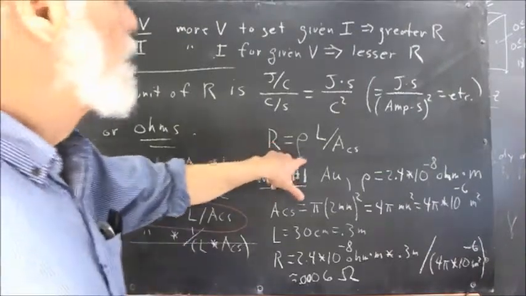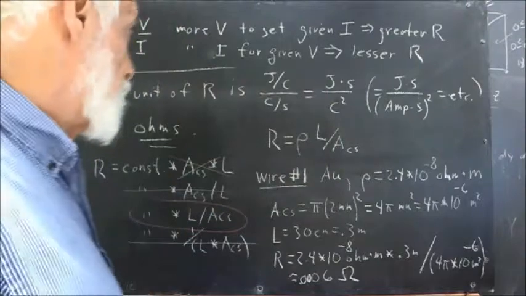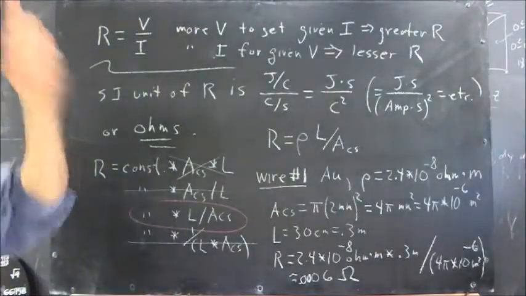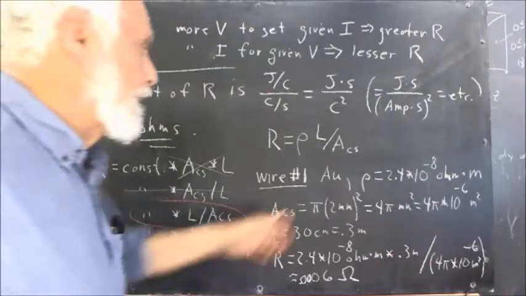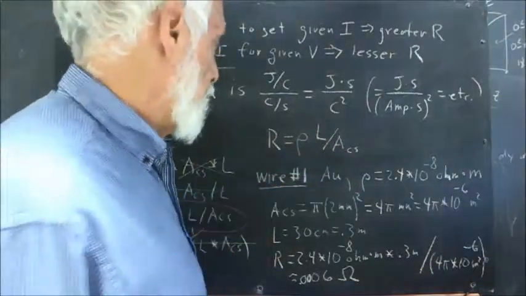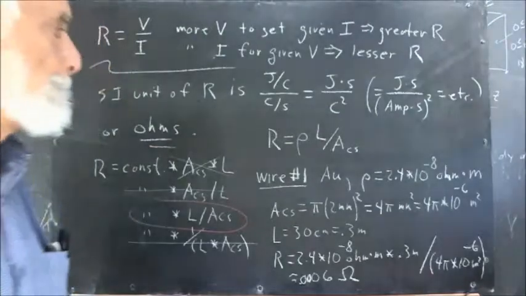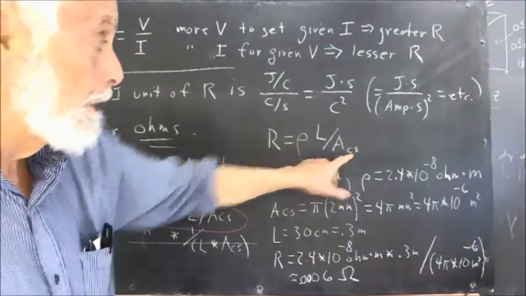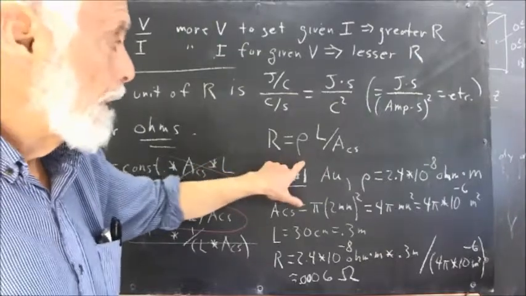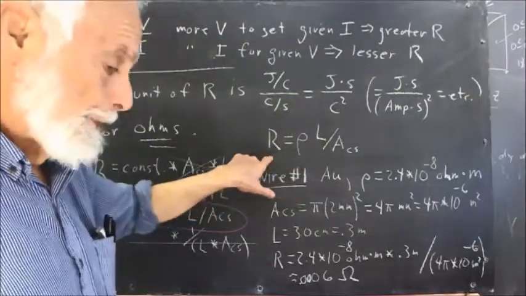So R is resistivity times length over cross-sectional area. And that should make good sense to you. This is our way of taking account of the length and the cross-sectional area. Again, greater length, more resistance. Greater cross-sectional area, less resistance. Greater value of rho, more resistance.